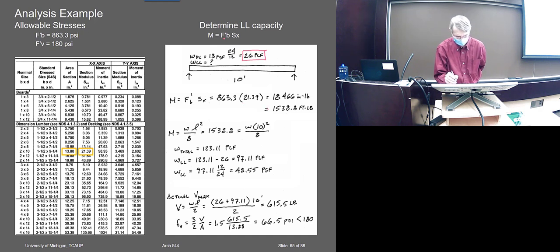Make sure I do this right. First it calculated the moment. I guess I got the total moment. So there's the allowable stress and the section modulus for the 2x10, and that gives me that moment, and then I convert it down to foot-pounds, right?